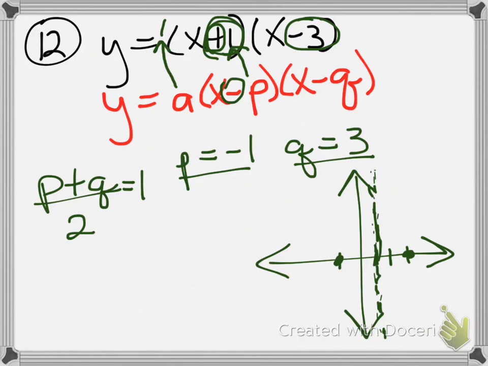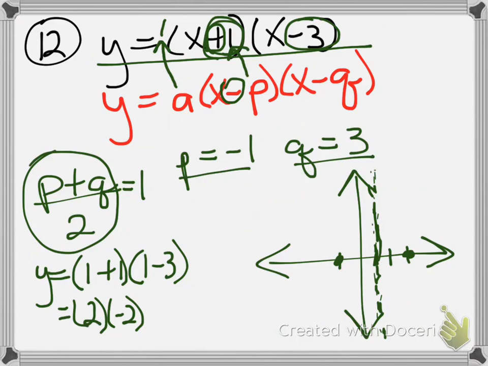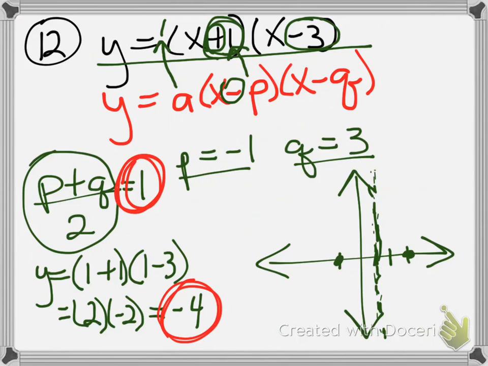Alright, p plus q over 2 did equal 1. So when I go back to the original equation, y equals parentheses 1 plus 1 times parentheses 1 minus 3. That's from right here. Y equals 1 plus 1 is 2. 1 minus 3 is negative 2. So my y value is negative 4. So my vertex point is 1, negative 4.